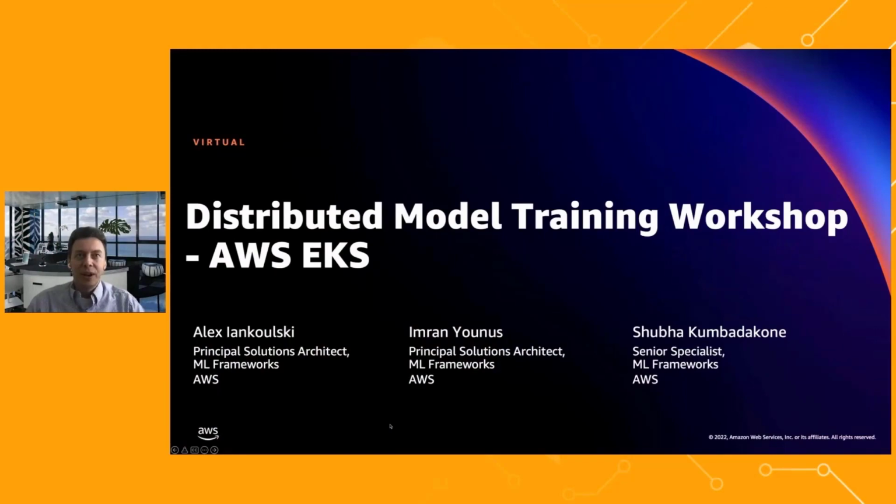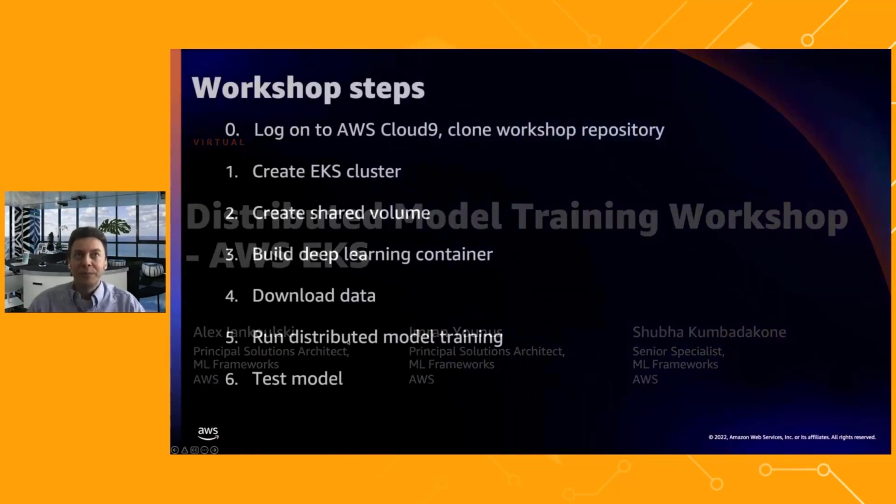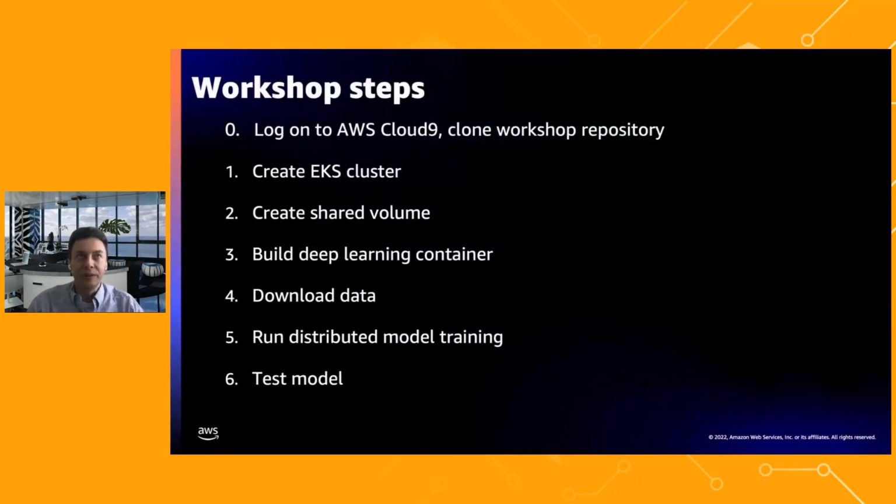In today's workshop, we will follow a simple workflow. First, we'll set up our development environment using Cloud9 on AWS. Then we'll create an EKS cluster. We'll create a shared volume where we'll store the data later.